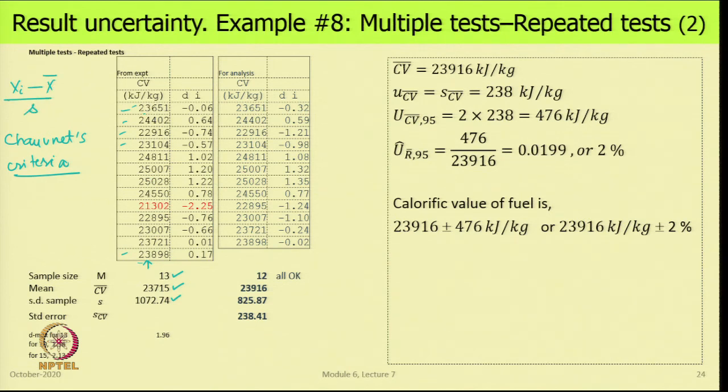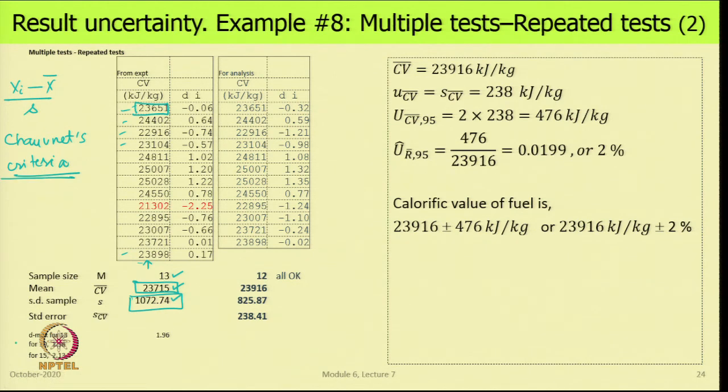So, xi is this value, x bar is this value, s is this value, and we do this calculation for every value in the data set, and these are the deviations given here. Then we ask the question: if 13 is our sample size, what is the maximum permissible deviation according to this criterion?